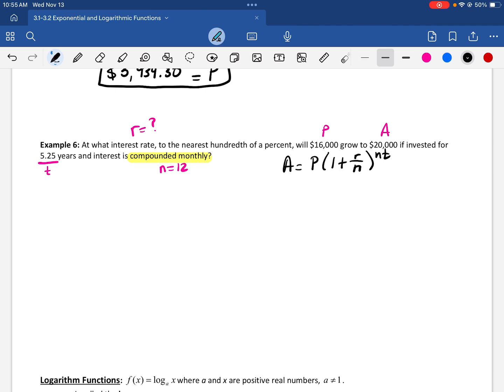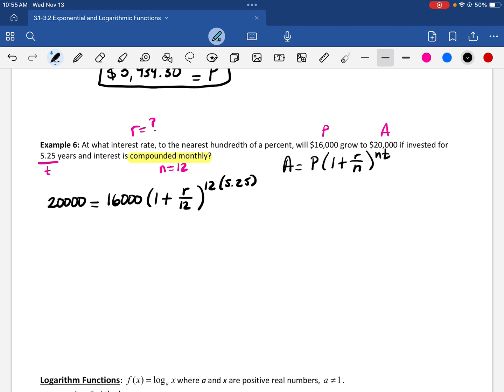So let's plug all these values in. So 20,000 in for A, 16,000 for P, 1 plus, we don't know the rate, that's what we're trying to find. N is 12. Raised to the 12 times 5.25, because 5.25 is our years.